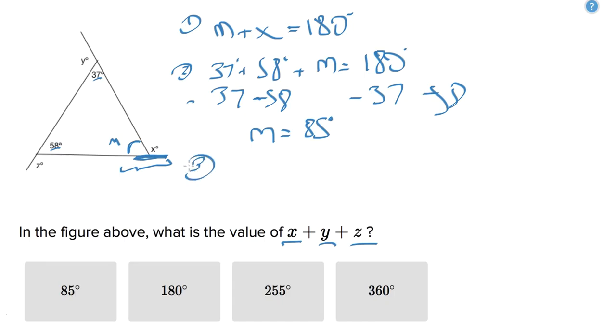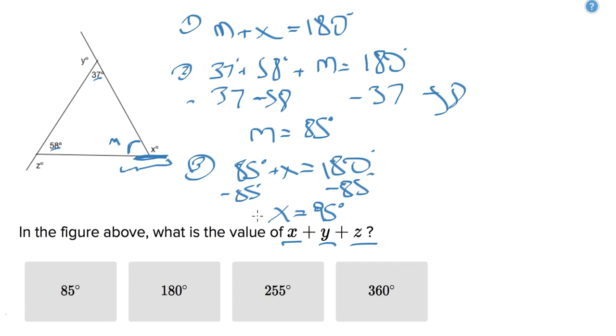The third step here would be 85 plus x equals 180, and then you would subtract 85 from both sides, and that would give you that x equals 95 degrees. So that took a lot of steps, but that's how you solve for x. And once you've got that, it becomes significantly easier to finish up with this problem.